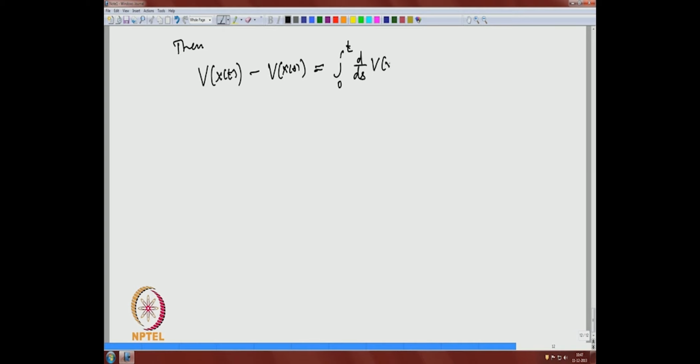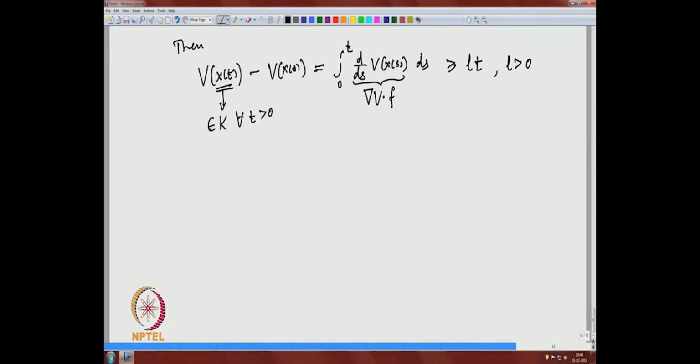I am writing it again and again, so that you realize its usefulness, and now this is grad V dot f, and we are assuming that our orbit is restricted to K. So, this is in K for all t bigger than 0. So, that is the important assumption. Whatever values you are taking, they are all in K. So, this is always bigger than or equal to L t. Remember, L is the minimum of this grad V dot f, and L is positive.